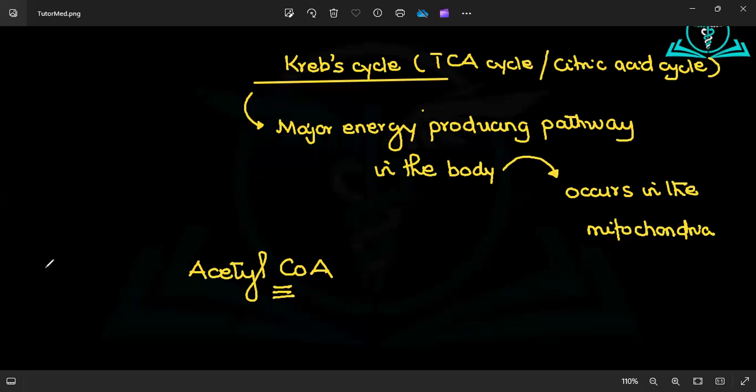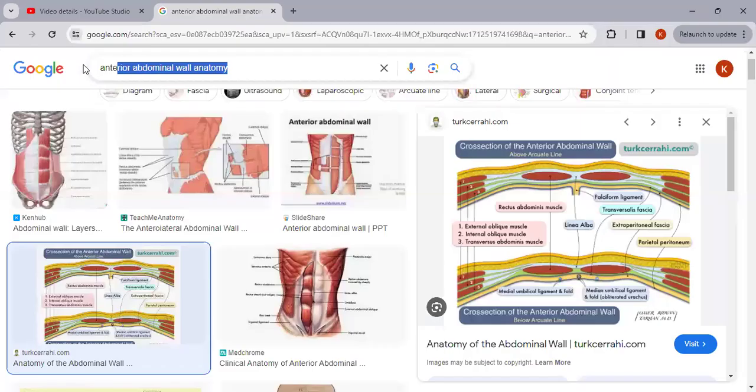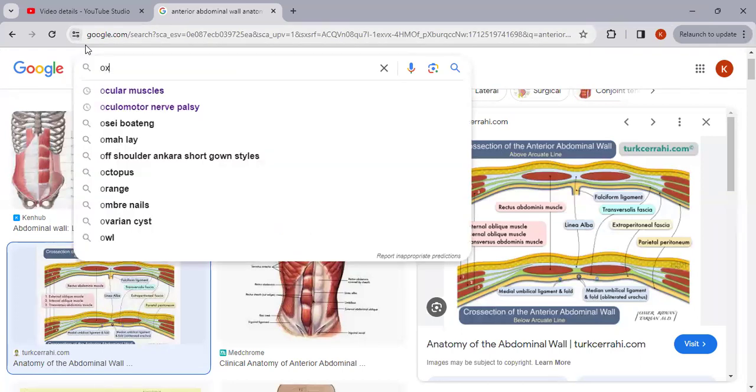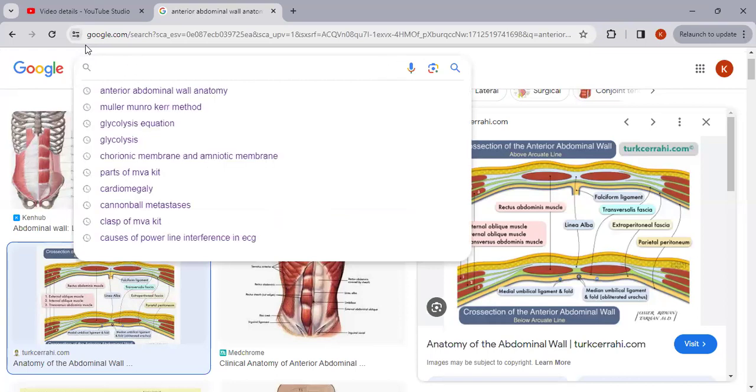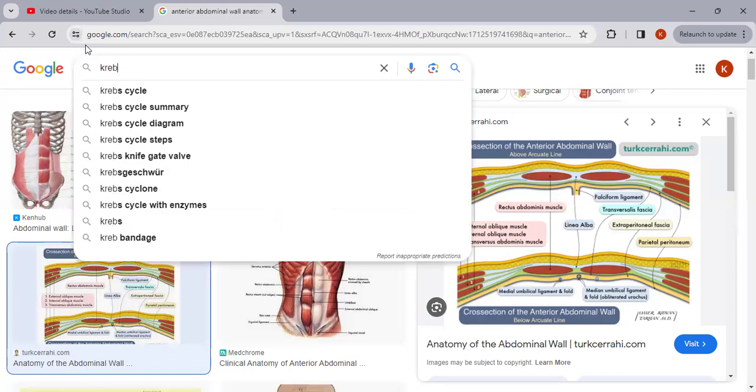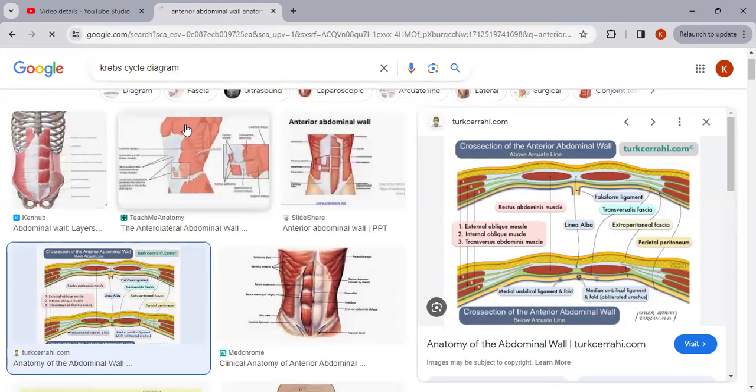Yes. Now the cycle, let me just show you a picture of the cycle. But because of the basic sciences, I have to make sure that I equip you with that so that you don't go there and then you are found wanting.